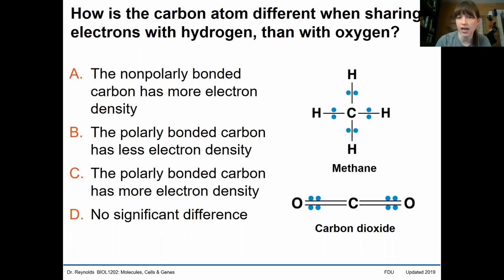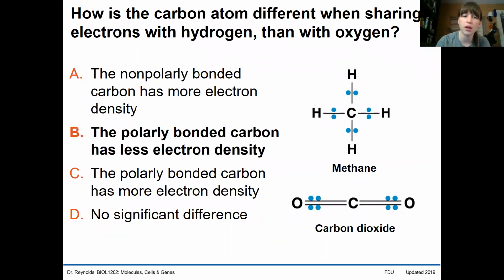Well, carbon to hydrogen is going to be a nonpolar covalent bond. Carbon to oxygen is polar. And so you'll notice, and you can visually see here, that there's more time that the electrons are spending around the carbon atom in a nonpolar bond and less time that those electrons are spending around the carbon in the polar bond.